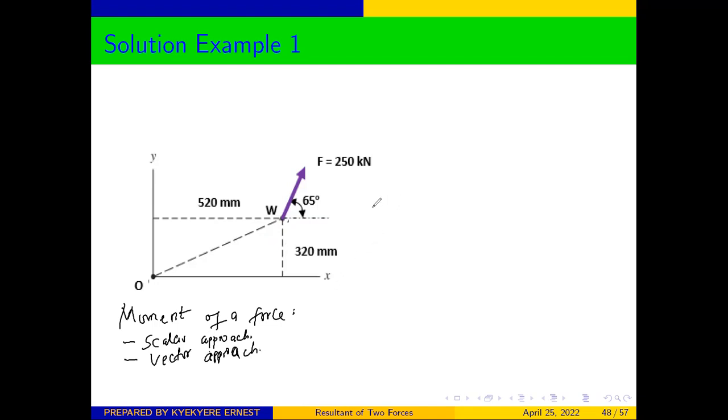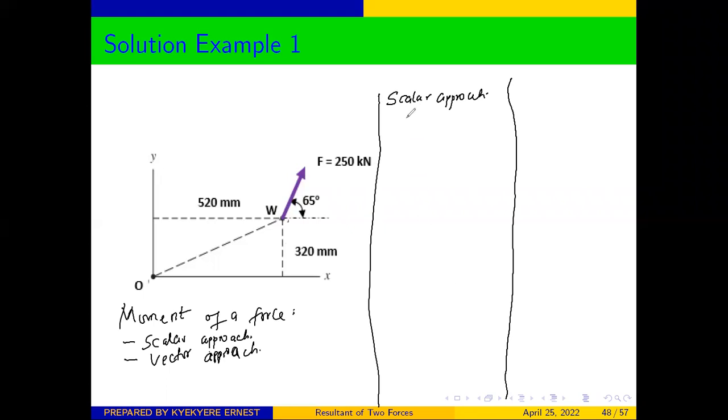So let us look at how to solve using both approaches. First of all, we are going to look at the scalar approach, and then we also look at the vector approach. In this question, if you are asked to solve using the scalar approach, the first thing you need to do is look at our force.